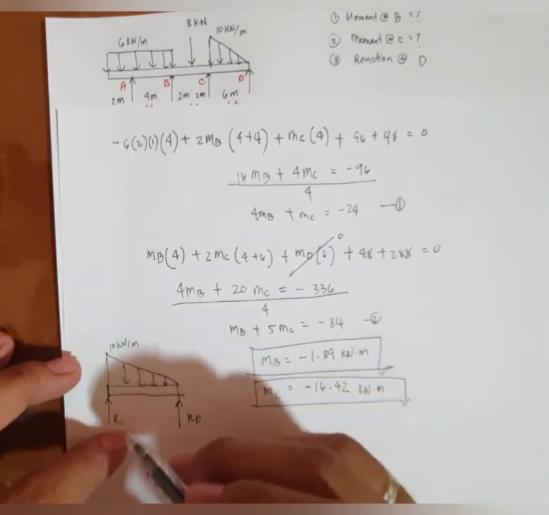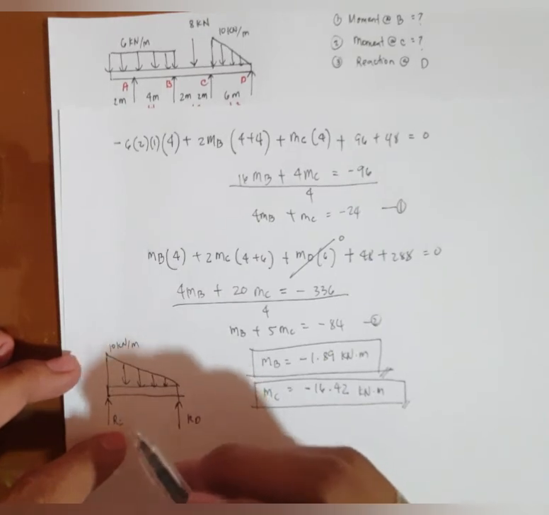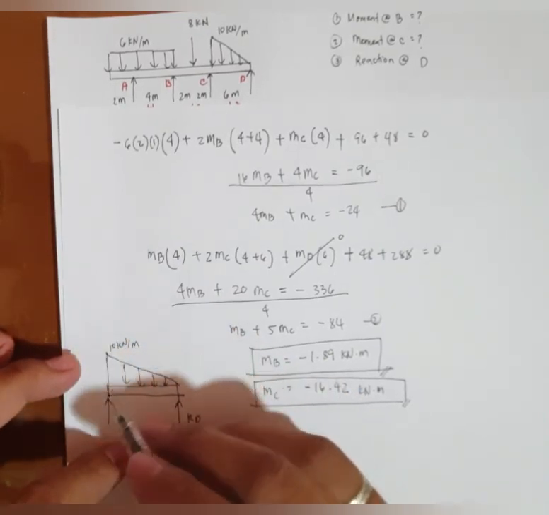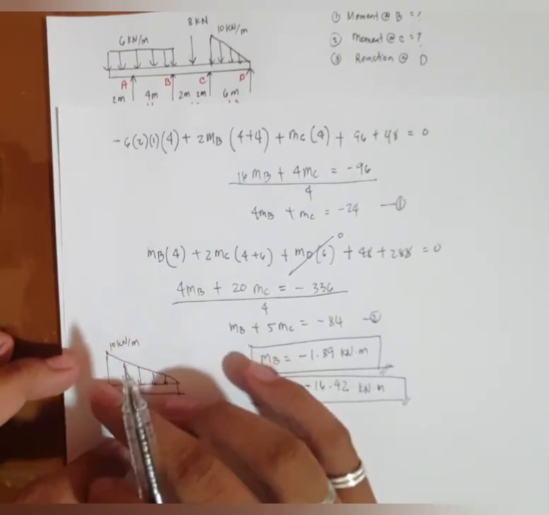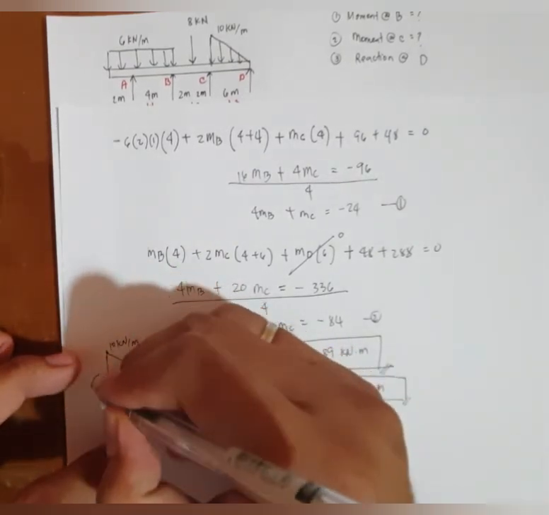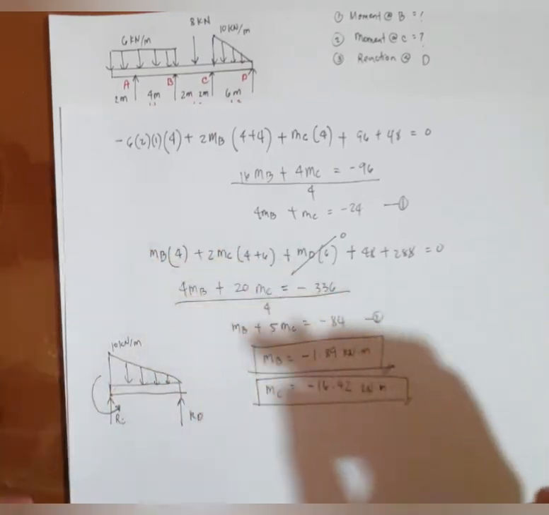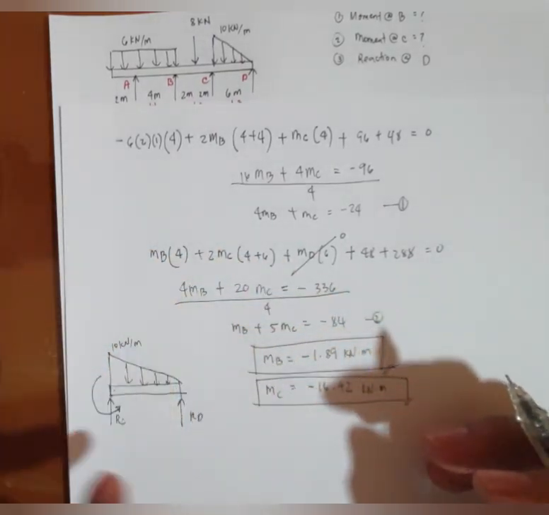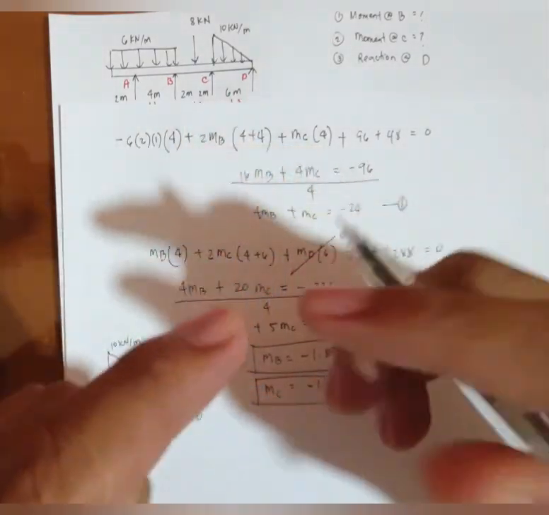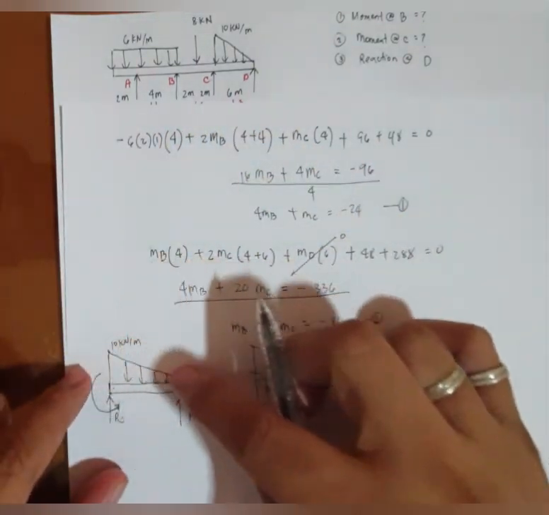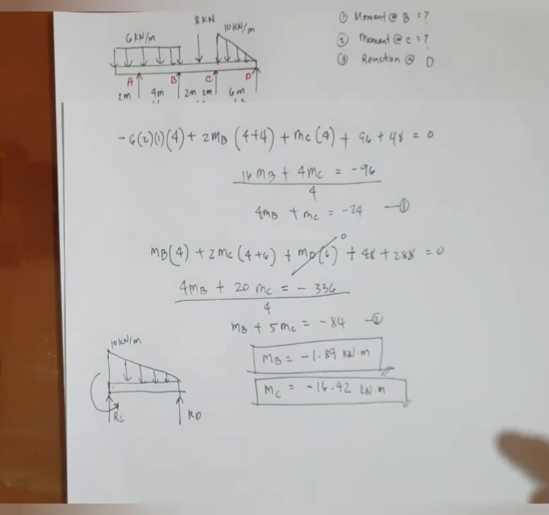Therefore, unsa man siya nga, unsay rotation niya, ang iyang rotation will cause a concave upward nga bending. That is the negative moment. So, kung ana ang rotation, pag tuyok niya, ang imuhang beam mo bend concave upward. So that is the negative moment. Okay.